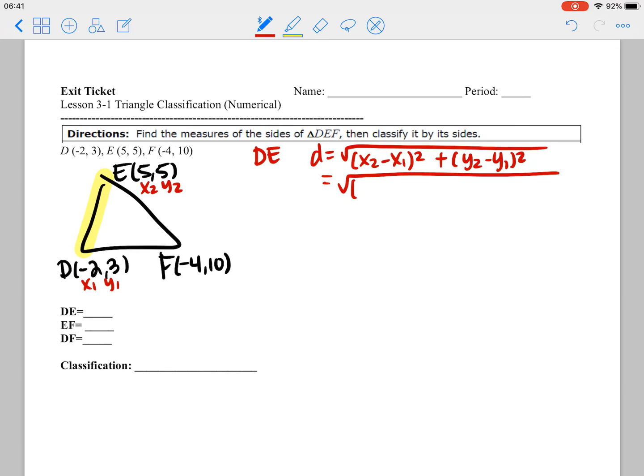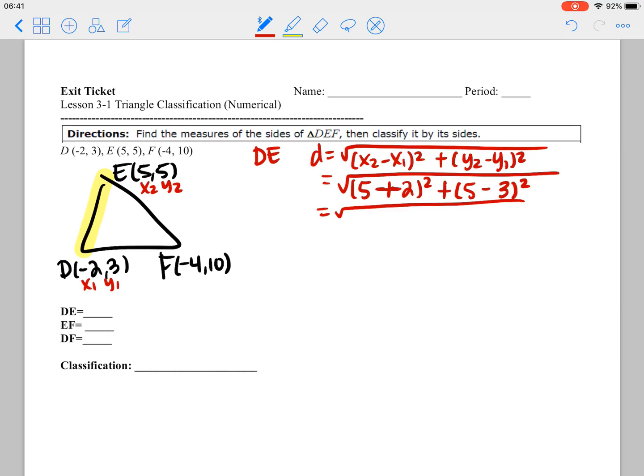So x2 is 5 minus x1, which is negative 2. Recall that when you have two negatives, that turns into a positive. Plus y2 is 5 minus y1 is 3, squared.